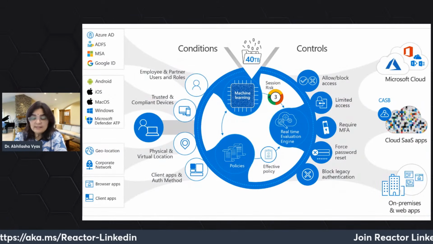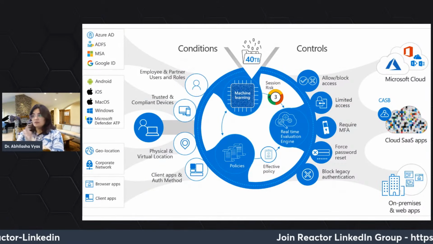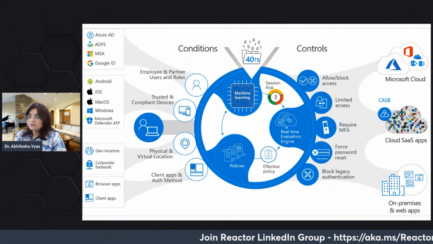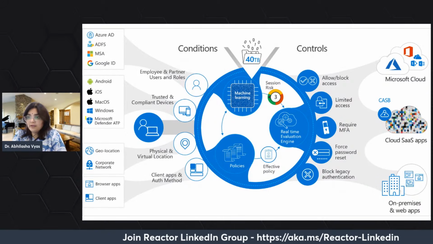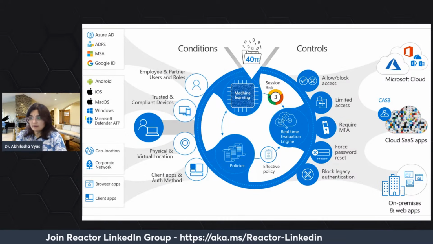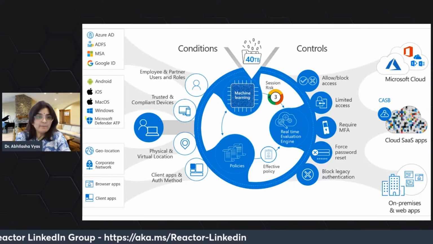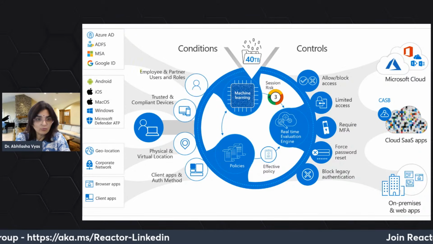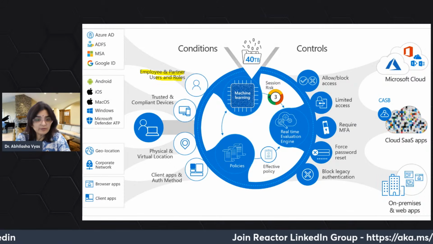Yeah, if you see this slide, we have conditions, controls. Now, this particular slide will give you a brief of how the signals are coming, where we have employees, partners, users, and roles. We have signals coming from trusted and compliant devices.